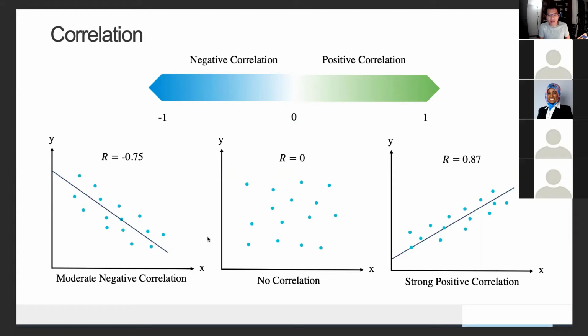Change of X, I'm not sure what is the change of Y. Towards 0, there is no correlation. And if it is towards +1, it's a strong positive correlation. The bigger the X value, the bigger the Y value. That is meant by positive correlation.